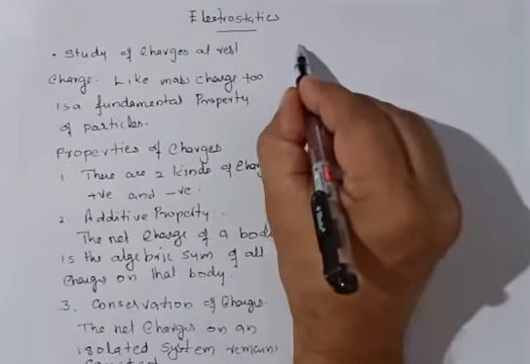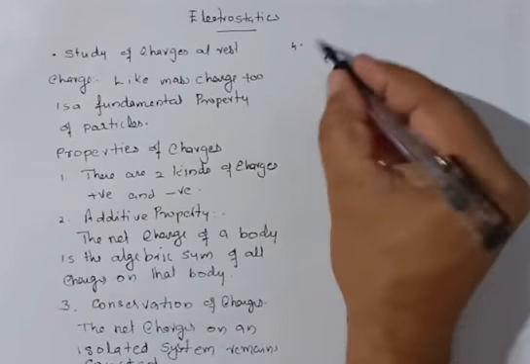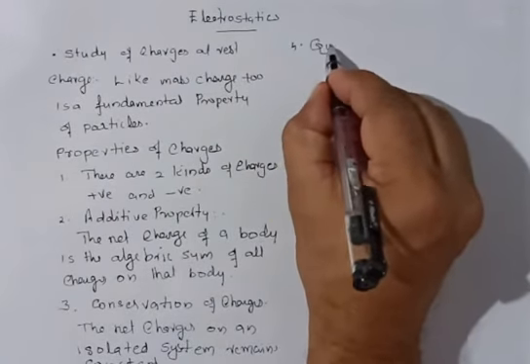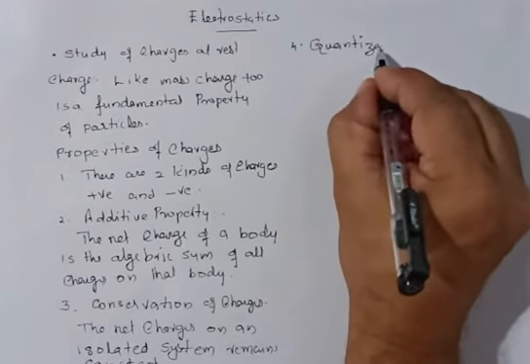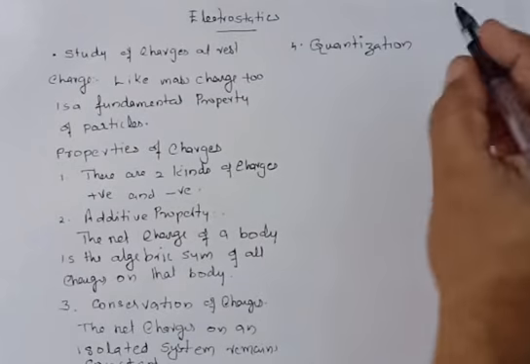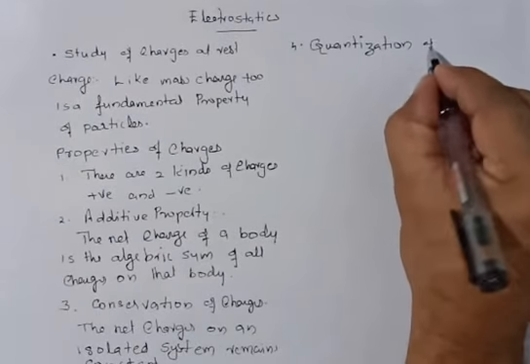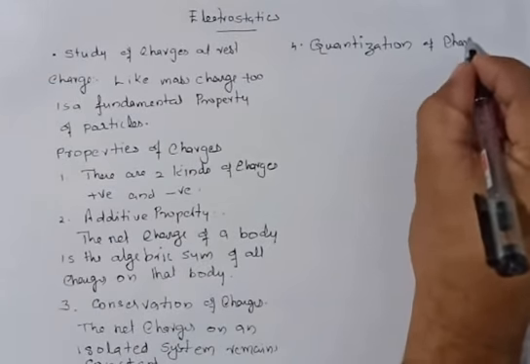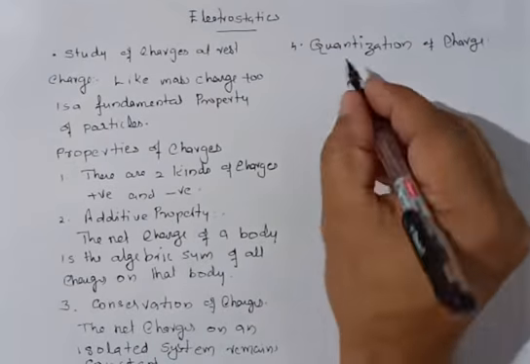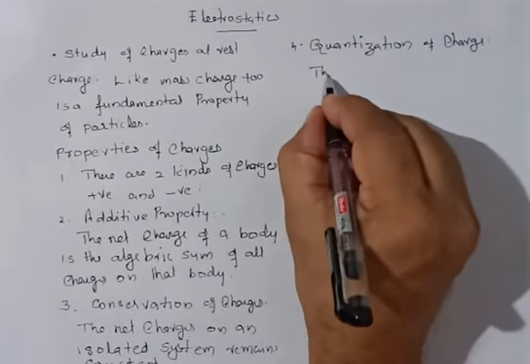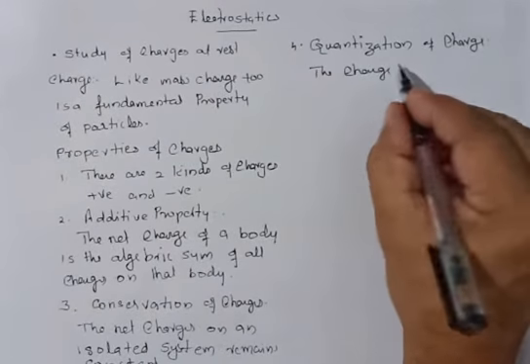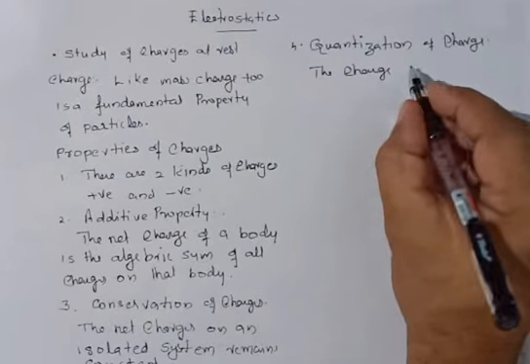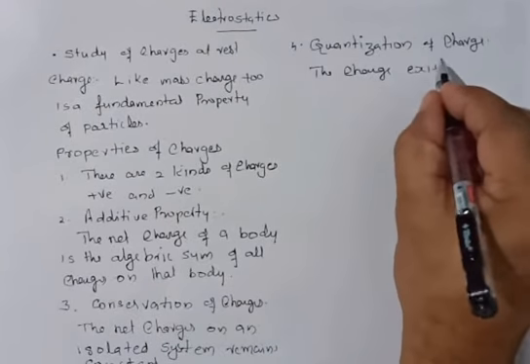Now, the fourth property is called quantization of charge. It's a little bit strange. You may not be familiar with this particular one. What does it mean by quantization of charge? The basic idea is that the charges you find in nature are always a multiple of a basic unit. For example, this basic unit of charge is in magnitude equal to the charge of an electron.